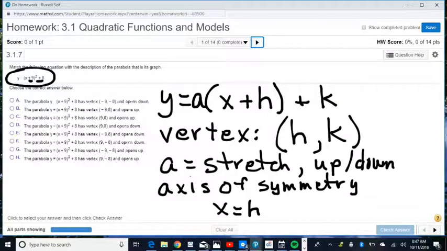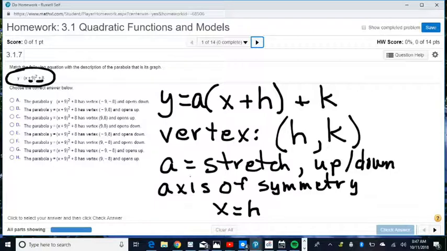The axis of symmetry is an imaginary line that cuts the parabola in half. The parabola is exactly the same on one side as the other. It looks like a mirror image. So this axis of symmetry is an imaginary line that cuts it in half. So we have all of those pieces.